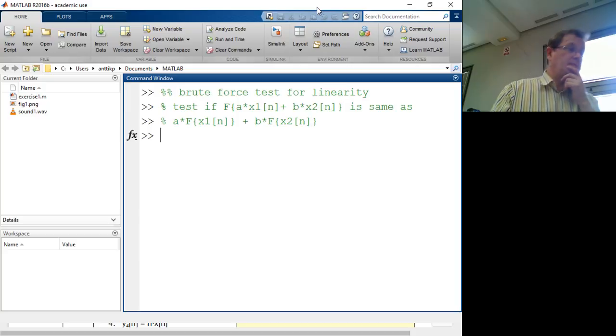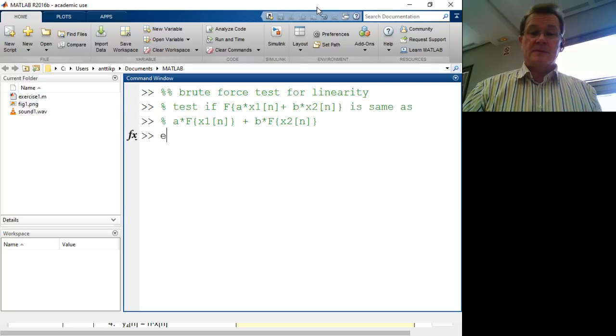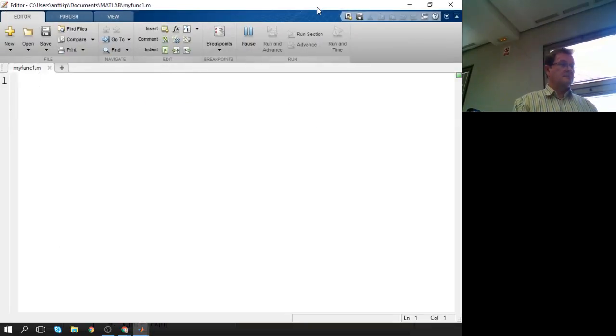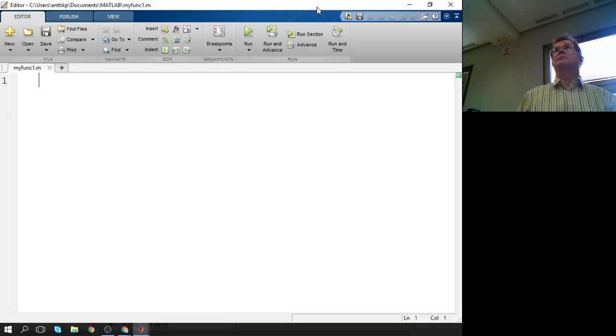Okay, good. And we will do it in a way that I will make a new function, for example, my func1, and by default it starts the editor with the myfunc1.m file name.